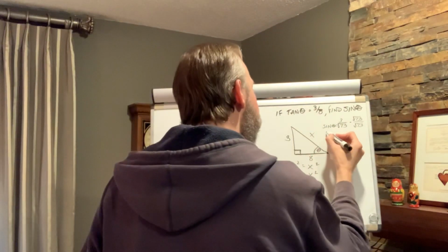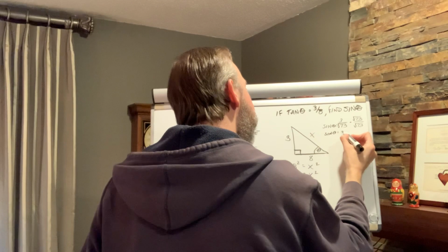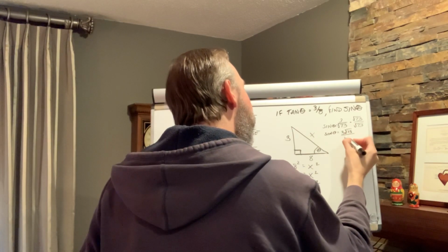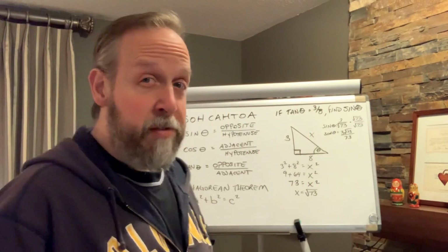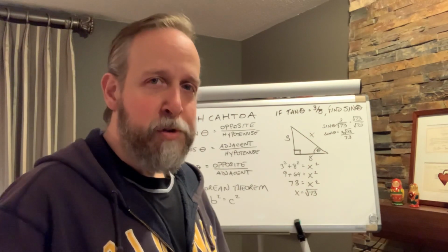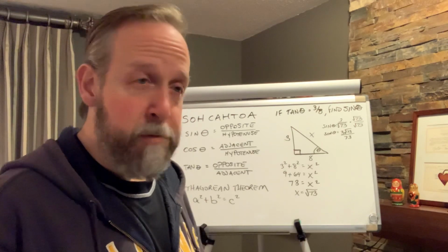So again, if I'm leaving this in radical form, I get sine theta equals 3 radical 73 over 73. Now, while that's not a very pretty answer, that would be the correct multiple choice solution. You can't grid that in. That would be a multiple choice solution.